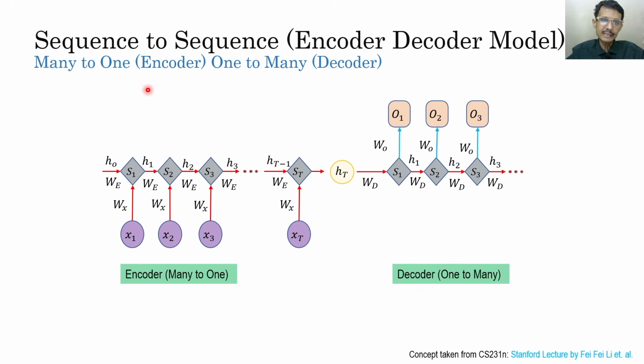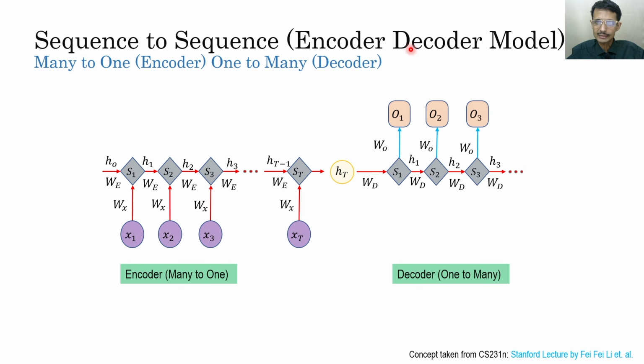Essentially, the encoder is many to one, so many inputs and one output, and the decoder is one to many, that takes one input and gives many outputs. So that is the basic structure of how a simple RNN can be used to make a sequence to sequence model.